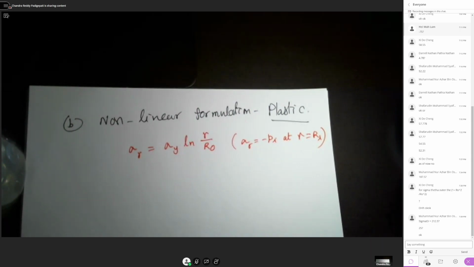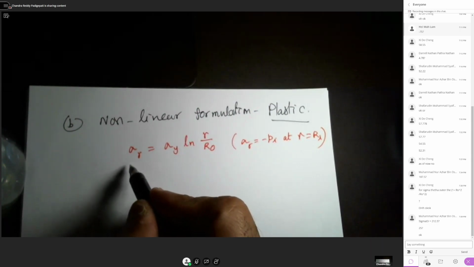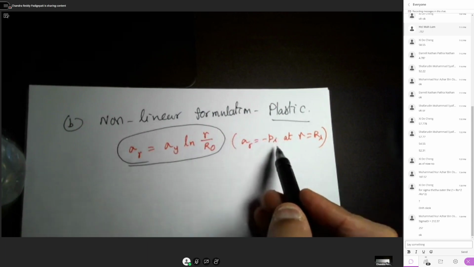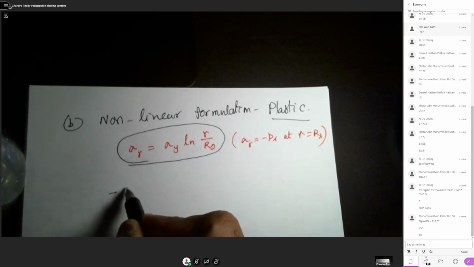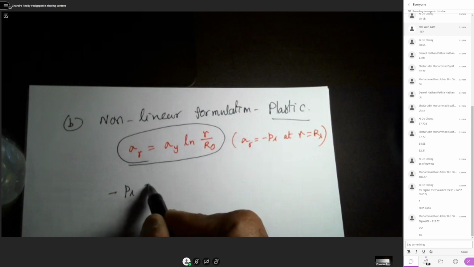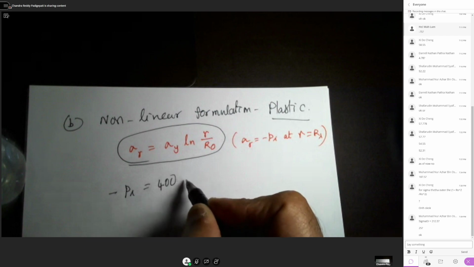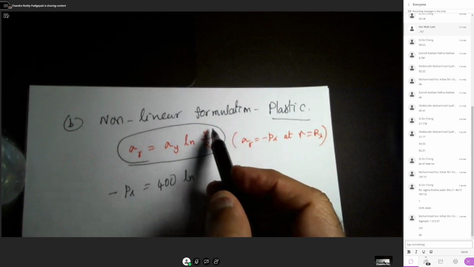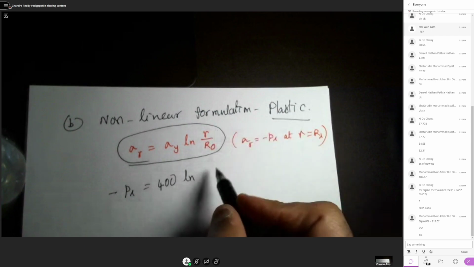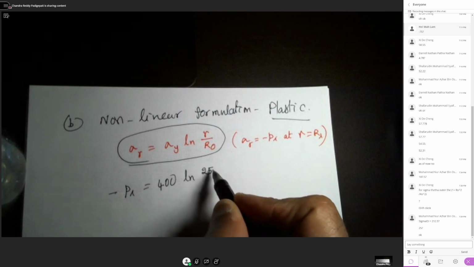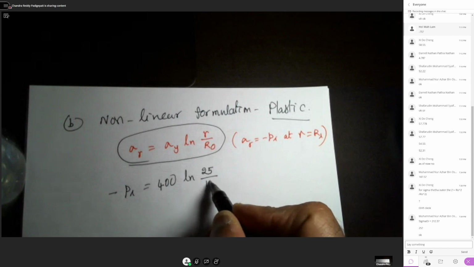Now we substitute sigma r equal to negative Pi. Sigma y we know is 400, ln, where r becomes Ri, which is 25, and Ro is 100.